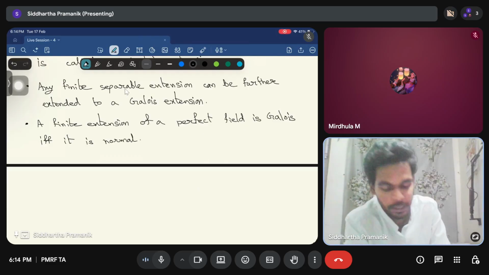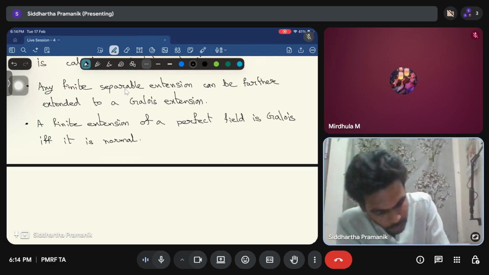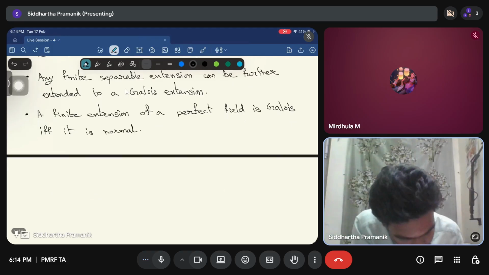Because as we know, finite extensions of perfect fields are always separable. So to get the Galoisness, we only need the normality condition.